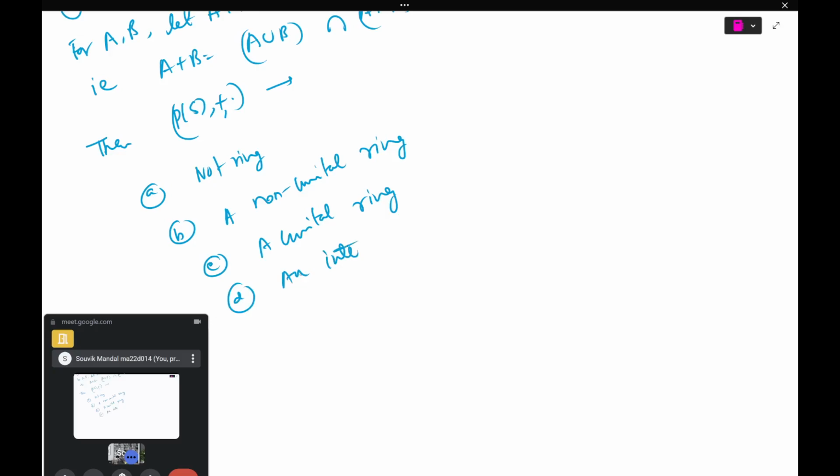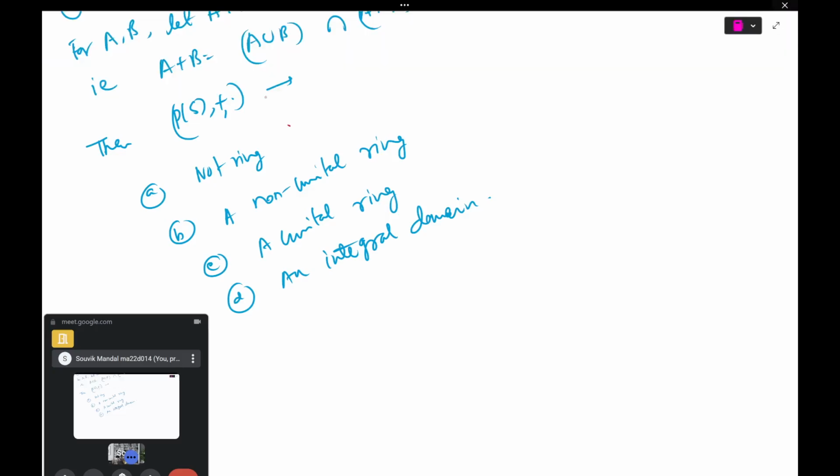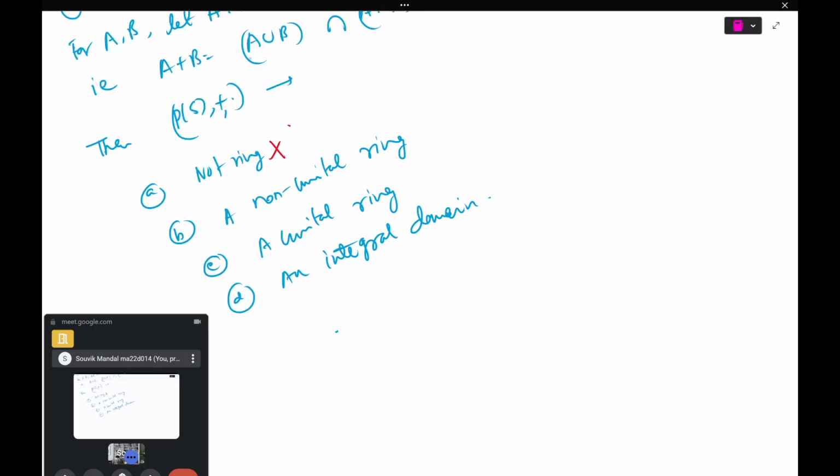Option D. First of all it's a ring, so this option will not hold. Okay. So since it's a ring, what is its identity? So it's the zero element.